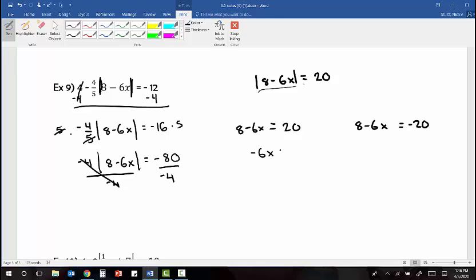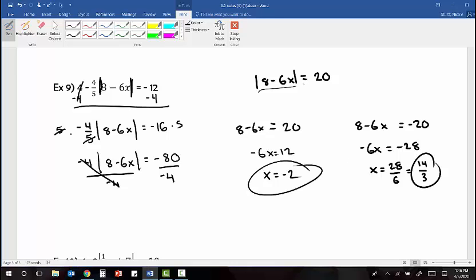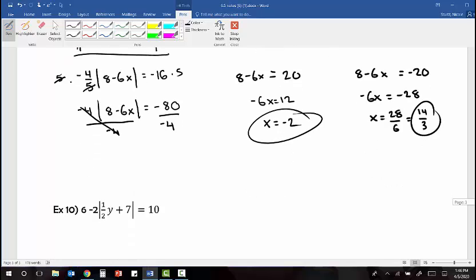So it looks like I'll get 12 on that side and -28 on this side. So I'm going to get -2 and I'm going to get 28/6, which is 14/3. So again, always having the bars completely alone before you make your decision if there's no solution.